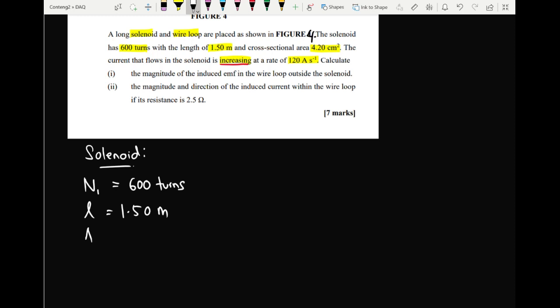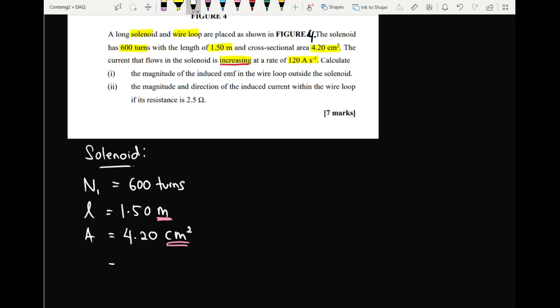And the cross-sectional area is 4.20 centimeter square. So this centimeter square, you need to change to meter square because your L is in meter. So you need to make sure it's in the same unit.